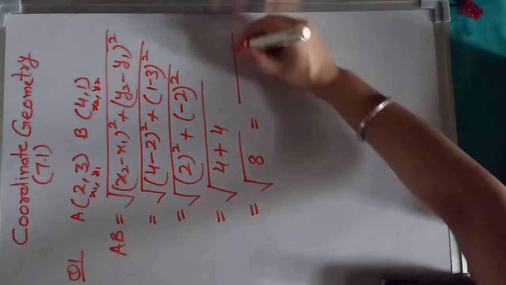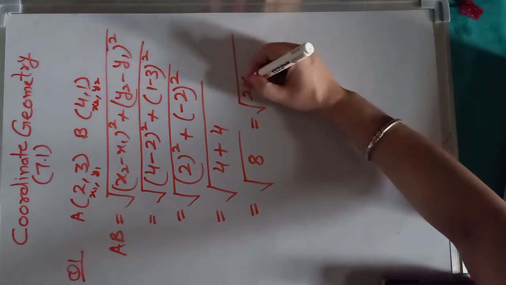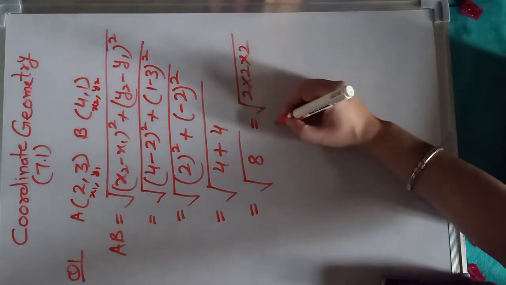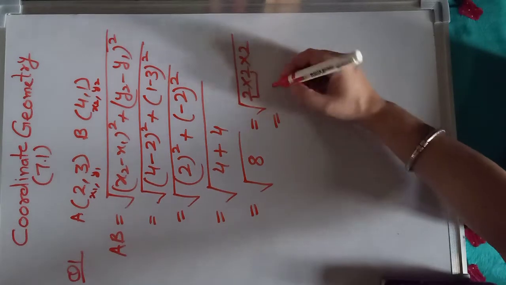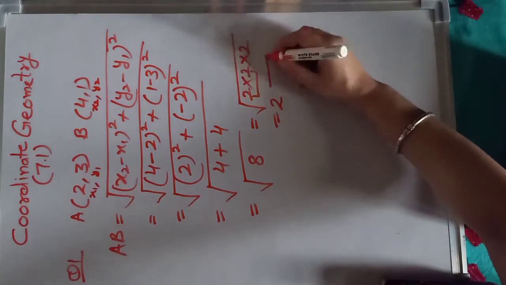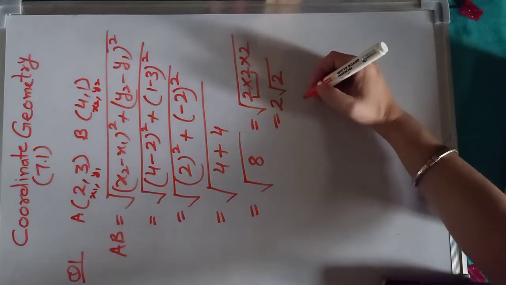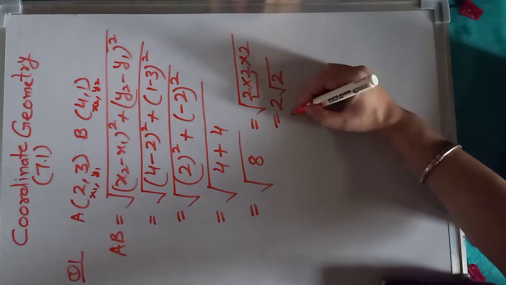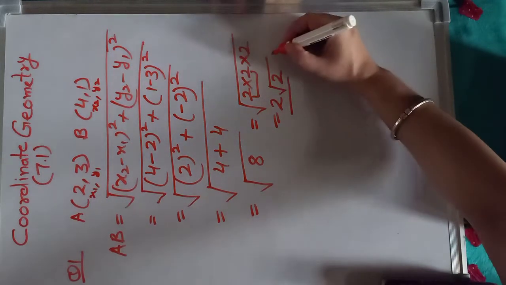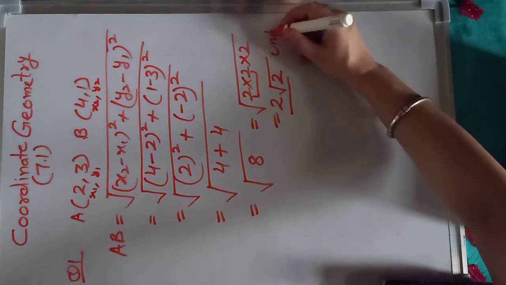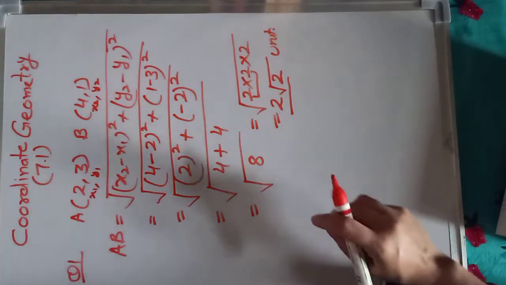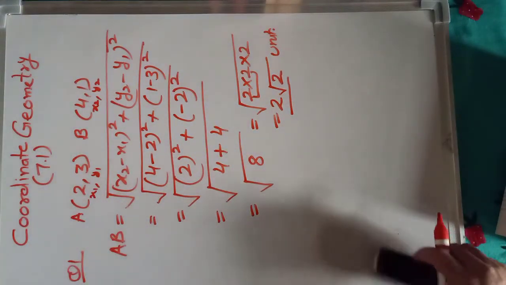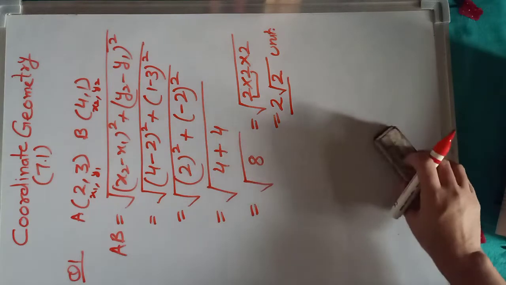You can factorize it as 2 into 2 into 2, and you can take 2 out of the pair, so it is 2 under root 2. They haven't mentioned whether it is in centimeter or meter, so simply you can mention unit here. Got it?